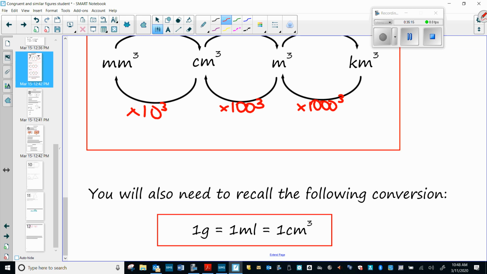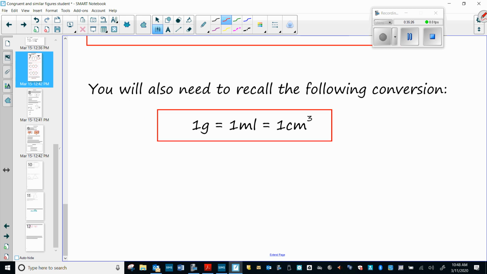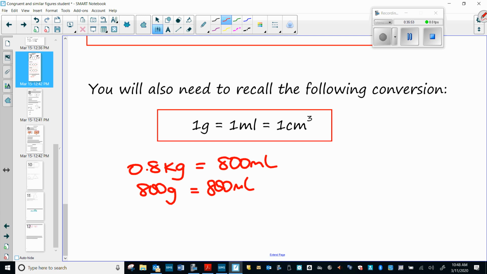So 1 gram would be equivalent to 1 milliliter, which would take up the space of 1 centimeter cubed. So if you've got 0.8 kilograms of stuff, that would take up 800 milliliters. Let me get you to look at that for a few seconds. 0.8 kilograms, I've changed that to grams, that's 800 grams. So therefore that would take up 800 milliliters. Are you all happy with that?